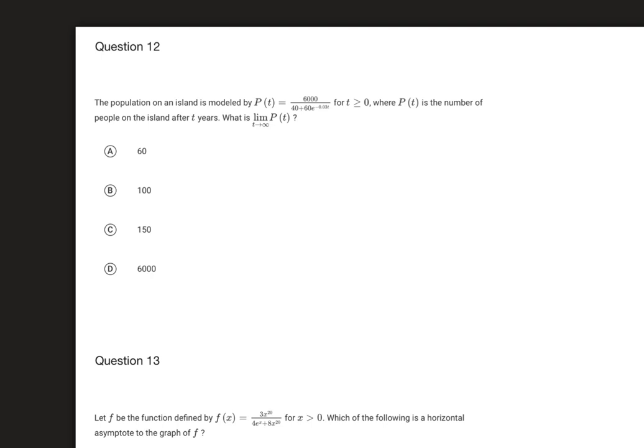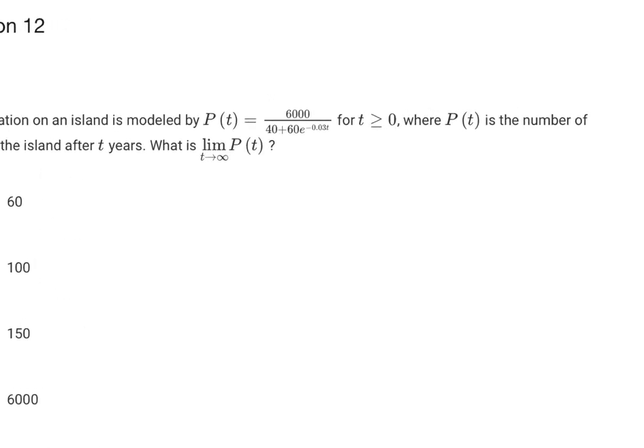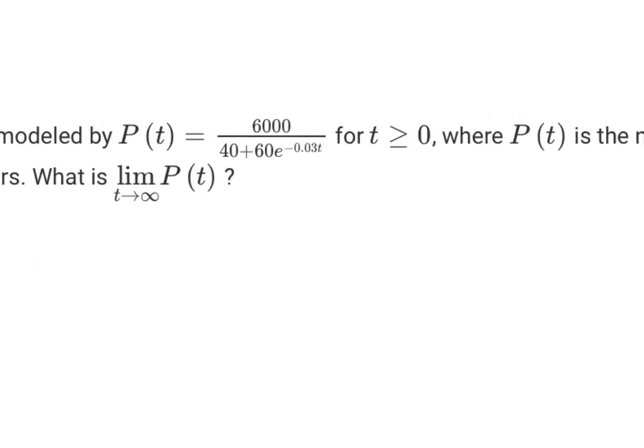So let's look at this. Let's blow this up. Looking at this part on the bottom, that exponential function that contains the variable, when that t goes to infinity, this exponent really goes to negative infinity.